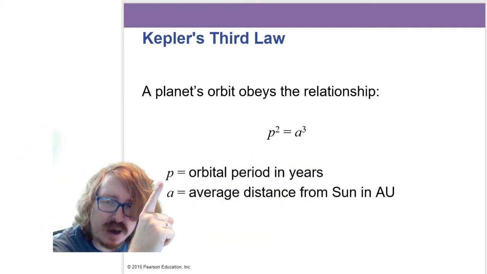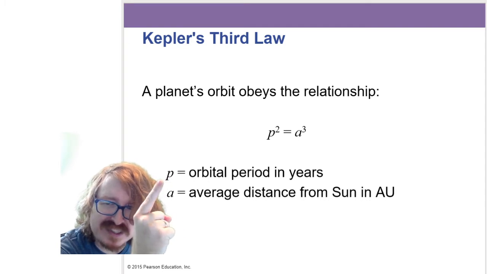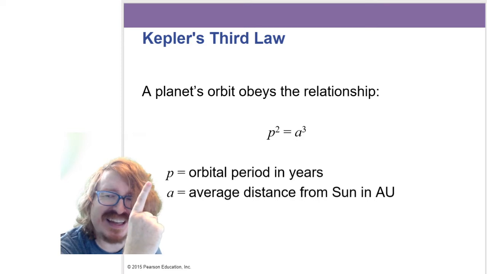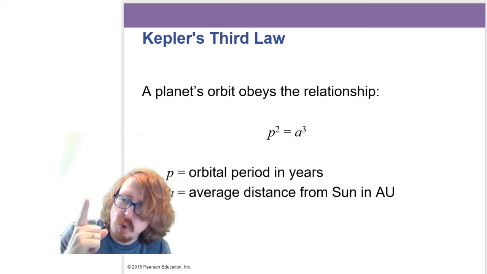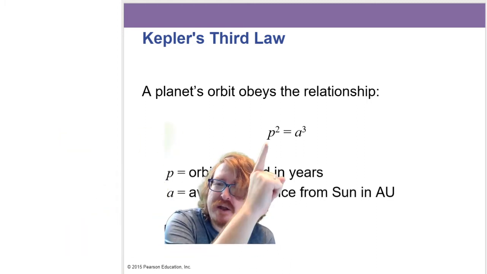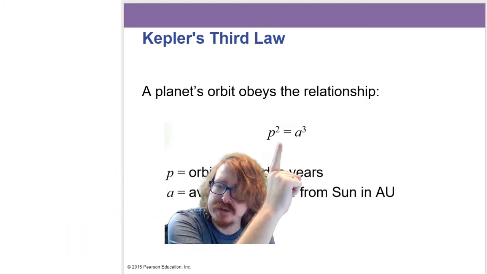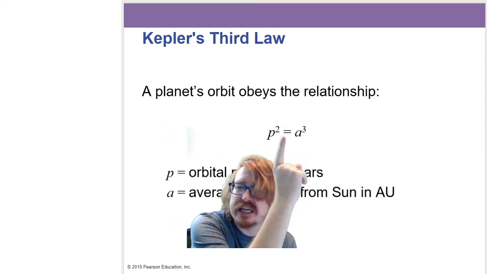Now, check this out. What's the orbital period of the Earth in years? How long does it take the Earth to go around the sun in years? 1, right? So if we plugged in a 1 right here, 1 squared is just 1 times 1. So if we did this for Earth, it would say 1 equals 1.